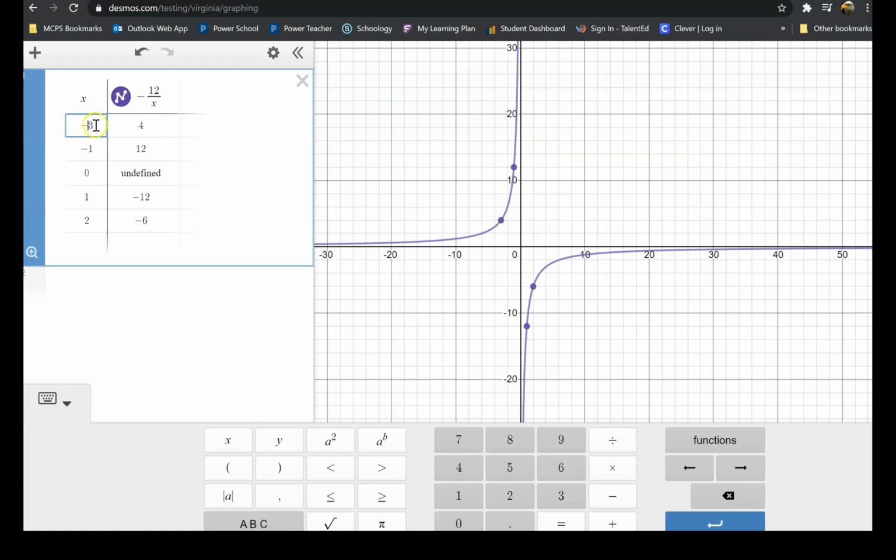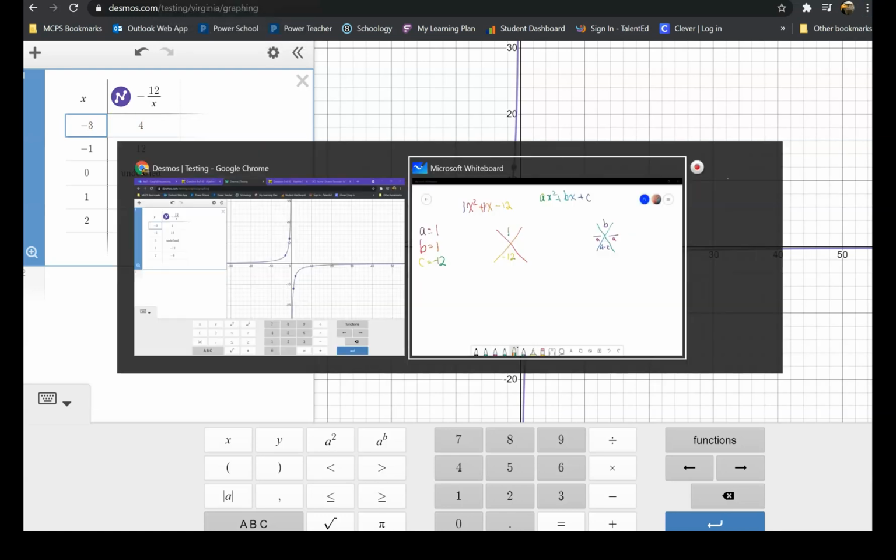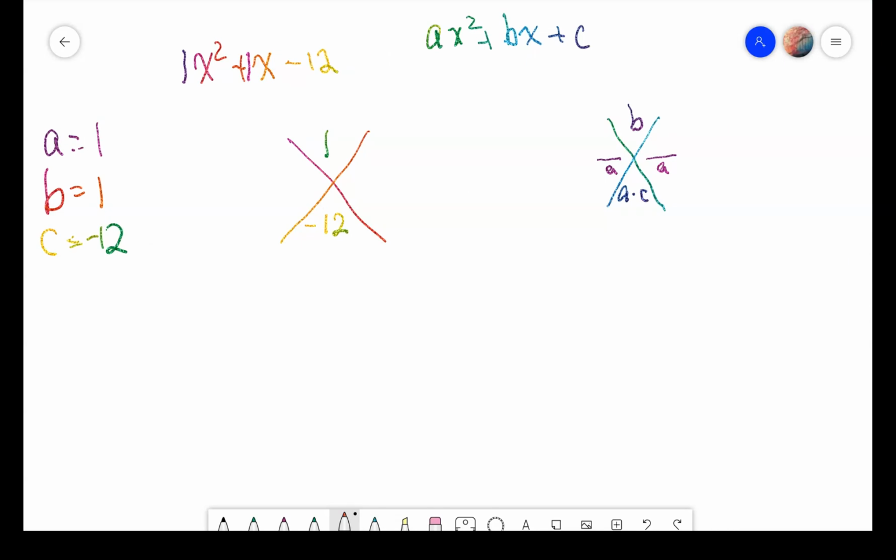Negative 3 and positive 4, if you add them together, that gives you positive 1. So that's what I'm looking for, negative 3 and 4. If you multiply them together, you get negative 12. If you add them, you get positive 1.